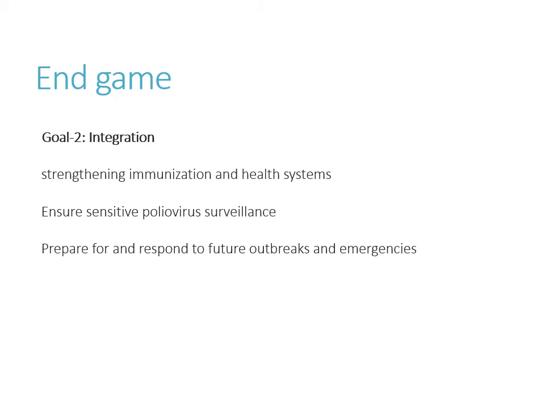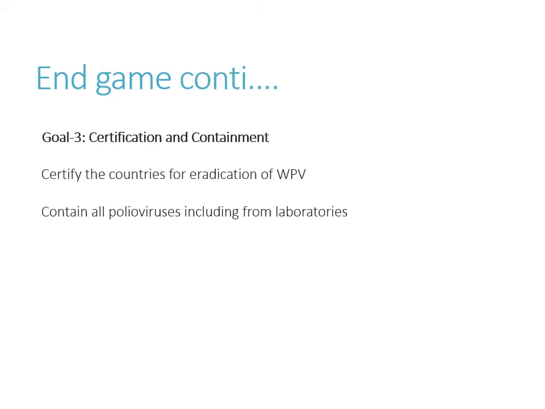Wild strain means the original strain of poliovirus which causes poliomyelitis, and the vaccine one is the virus derived from the OPV vaccine. And we should be prepared for and respond to any future outbreak or emergency.